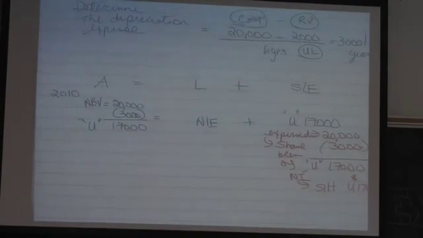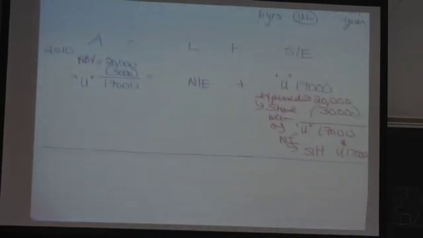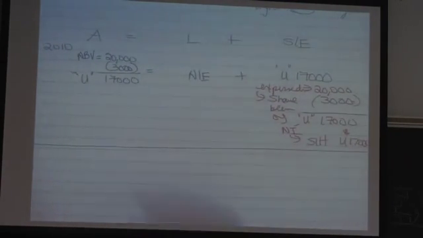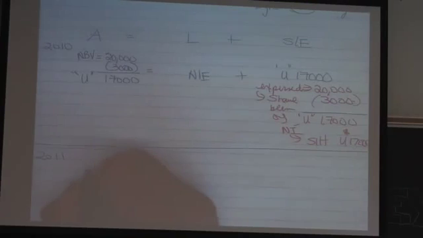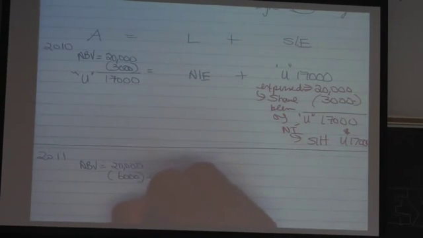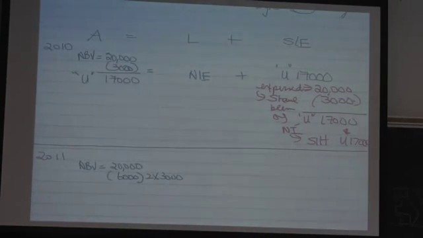Now, in 2011, if I was to draw what happens the following year, the asset would have been understated, but this time the net book value would have been $20,000 minus $6,000, which is 2 times $3,000, because you would have amortized it 2 years.